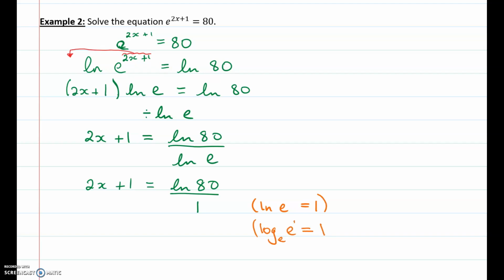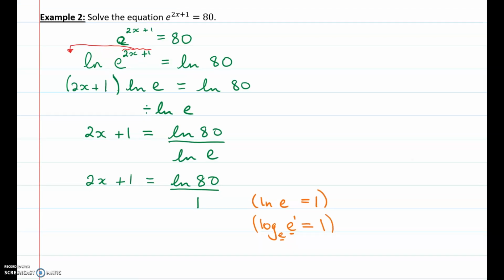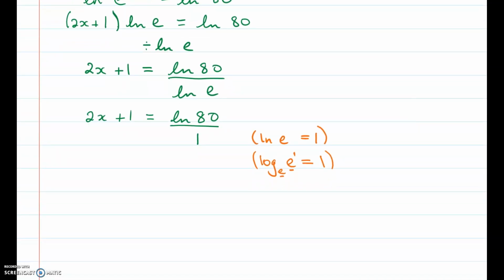And e is e to the power of 1. And now the base and the main number are the same, so the log is just whatever the power is, 1. Okay, don't let that confuse you too much. So we now have 2x plus 1 is equal to the log of 80 divided by 1. Anything divided by 1 is just the same thing again, so log 80.